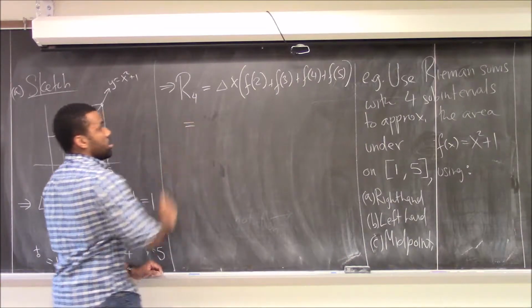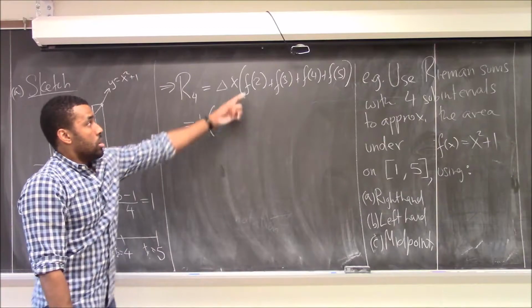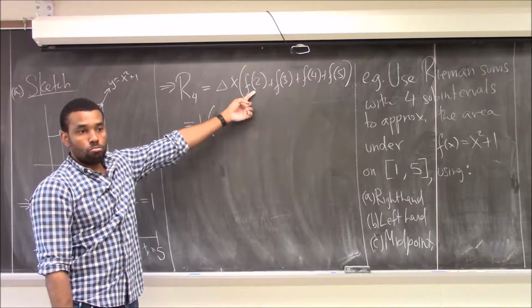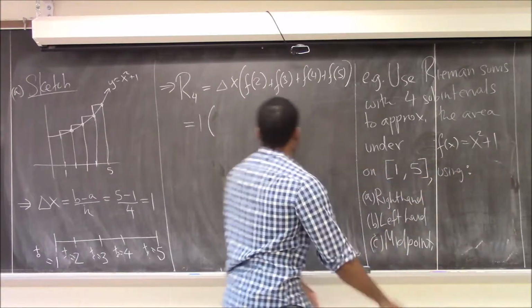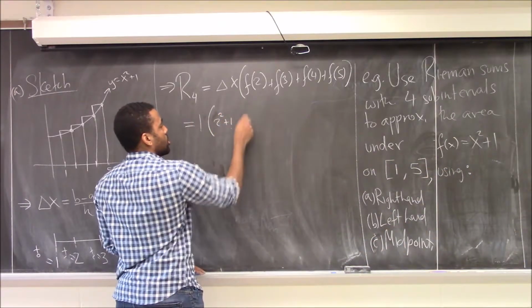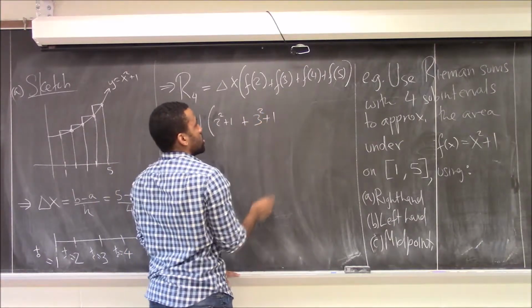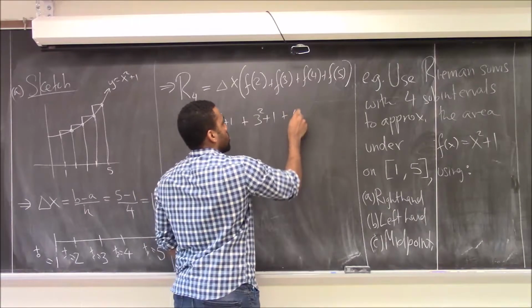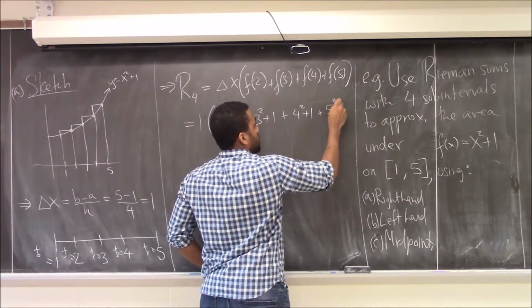And so that's going to be delta x is 1 times, what is f of 2? 5. You're literally going to go back to the function and plug in x equals 2. So this is going to be 2 squared plus 1 plus f of 3, 3 squared plus 1 plus f of 4, 4 squared plus 1 plus f of 5, 5 squared plus 1.